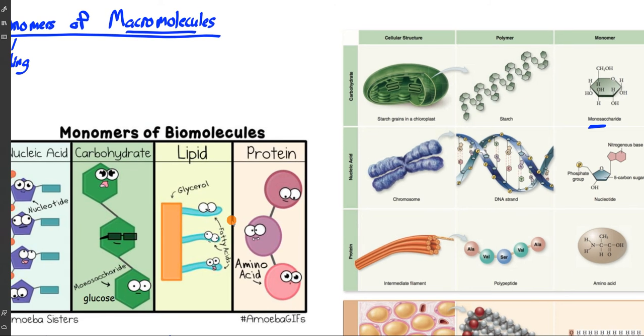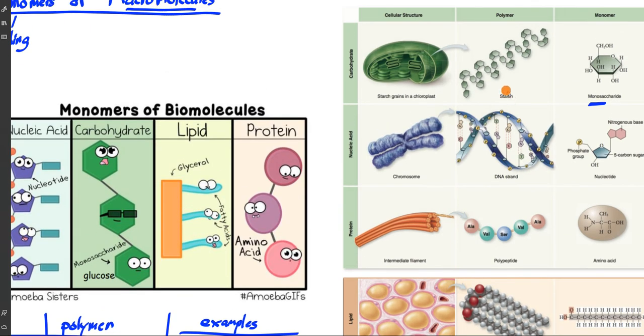So in this chart here on the side, this just shows the polymer, like for example starch, made of a bunch of monosaccharides, a bunch of single things like glucose. Here we have for nucleic acids, something like a chromosome made of a bunch of nucleic acids. A DNA strand is made of a whole bunch of little nucleotides.